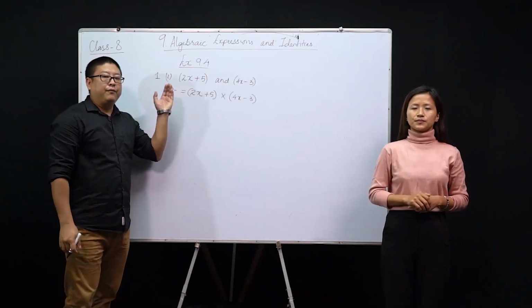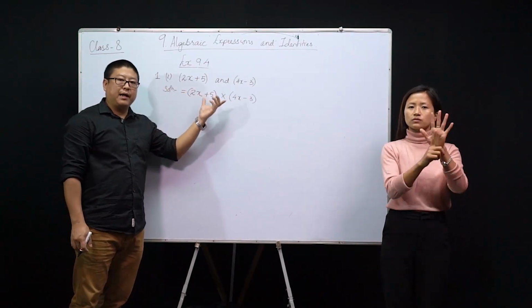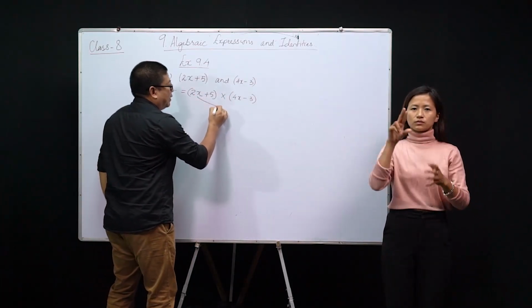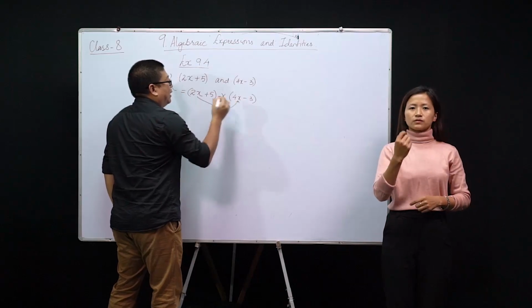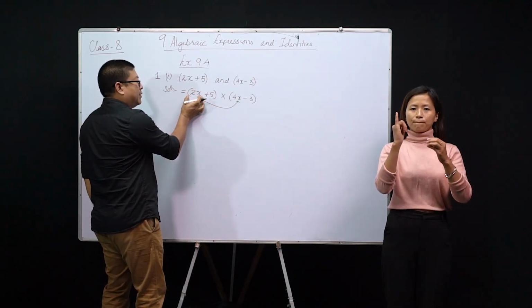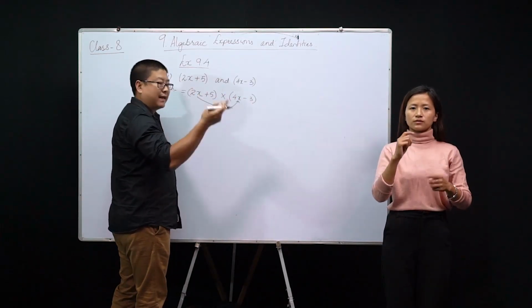Now, if you go back to the previous videos, I've already shown you how to multiply binomial and binomial, but let's do it together step by step. In the first step, you will take the first binomial's first term and multiply it with the first term of the second binomial.